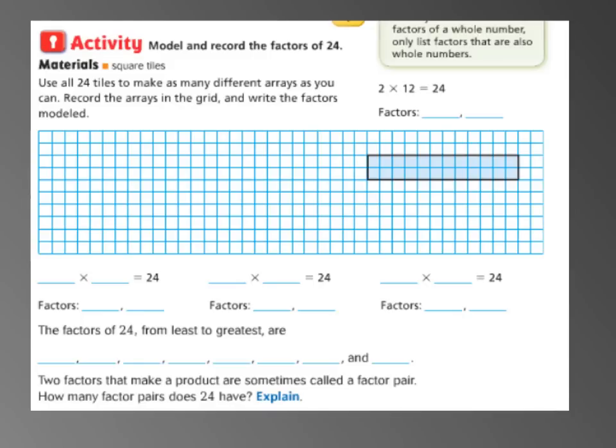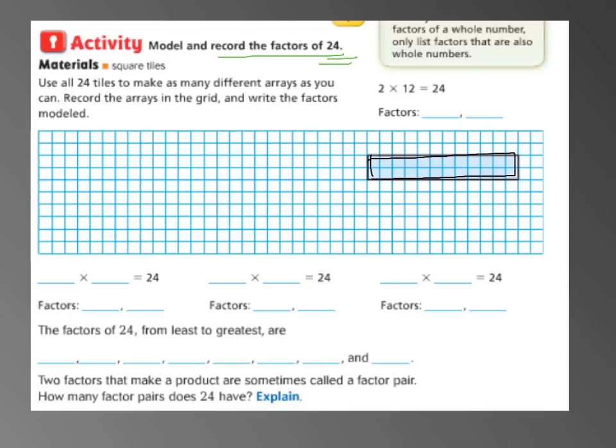Okay, let's remember that our goal for this lesson is to use models to find factors. So we're going to look up here and it says model and record the factors of 24. So I know that I'm going to be looking for the factors of 24. And you can see that I already have one example right here where they have made 2 times 12. Okay, and this is written on your grid paper. You're going to need to have your grid paper handy, so if you don't have it, grab it right now. Okay, what are some other ways that we can model the product of 24?